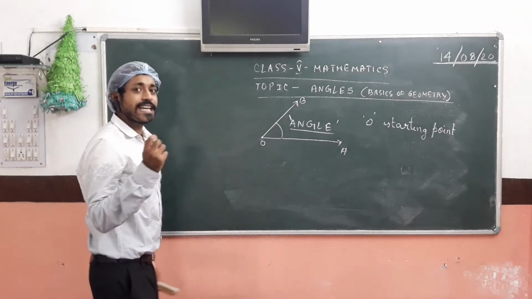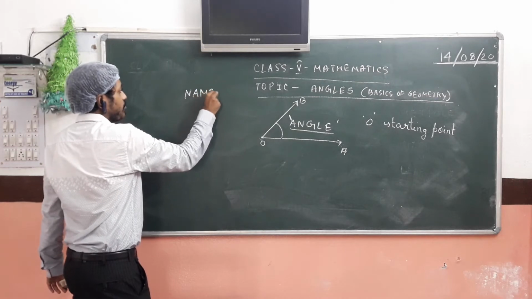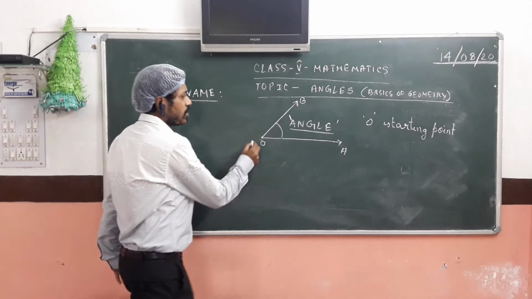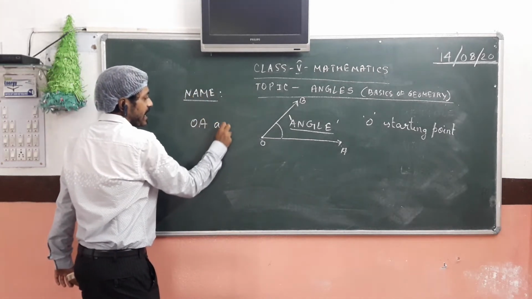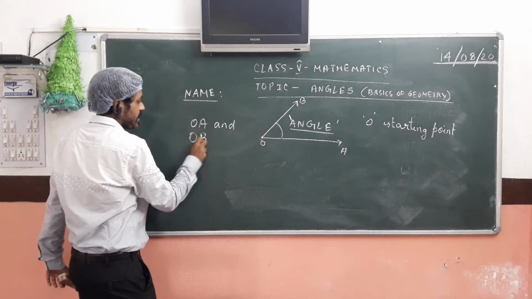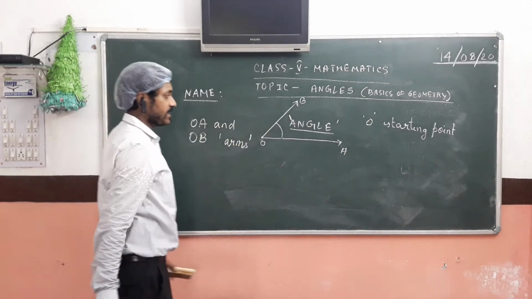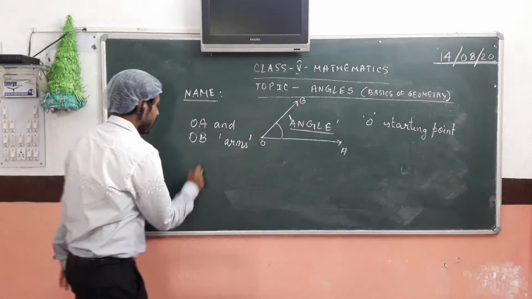Now, how do we name an angle? Before naming an angle, we need to know what these parts are called. OA and OB are called the arms of the angle.